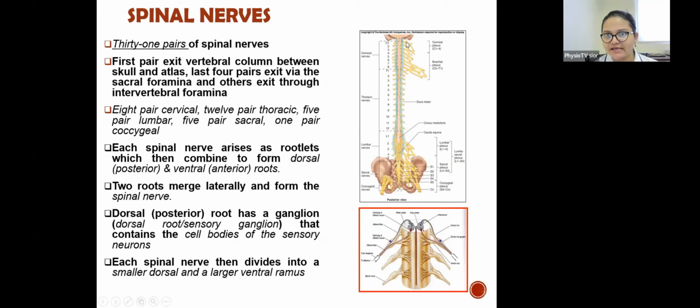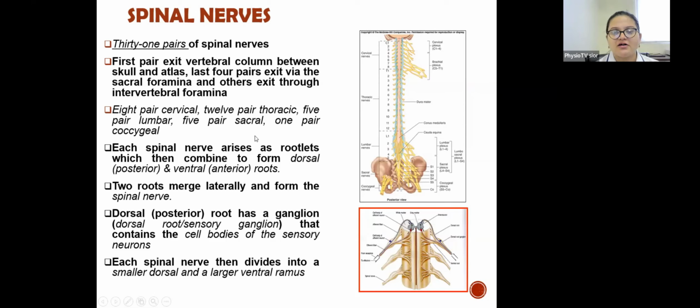Here, if you can see in the picture, between the skull and the atlas, and the last 4 pairs exit via the sacral foramina, and the others exit through the intervertebral foramina. So in the picture, this initial pair is going to exit between the skull and the atlas, the last four pairs are going to exit through the sacral foramina, and the others exit through the intervertebral foramina.